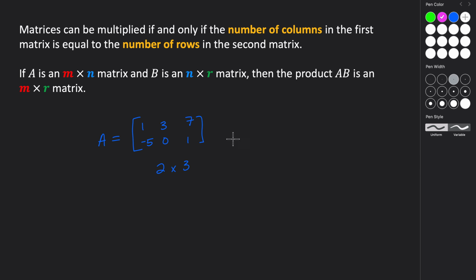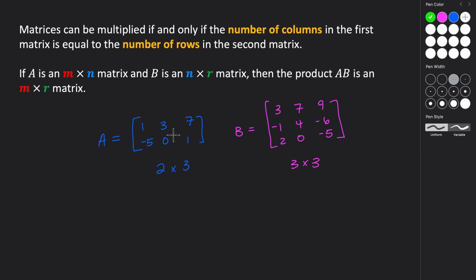And I want to multiply that by matrix B, which is a 3 by 2 matrix. Actually, let's make it 3 by 3: 3, 7, 9, negative 1, 4, negative 6, 2, 0, negative 5. So this is a 3 by 3 matrix.